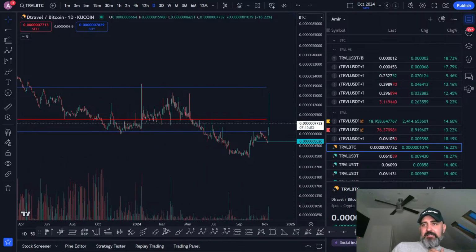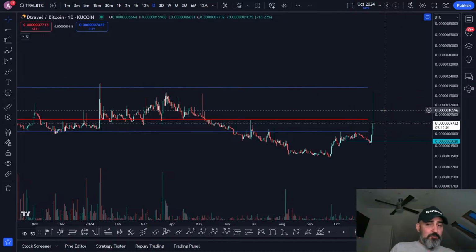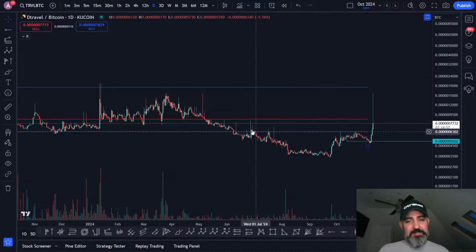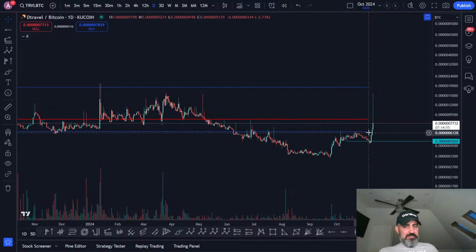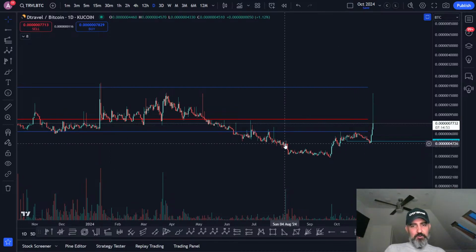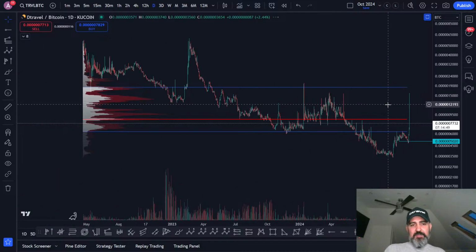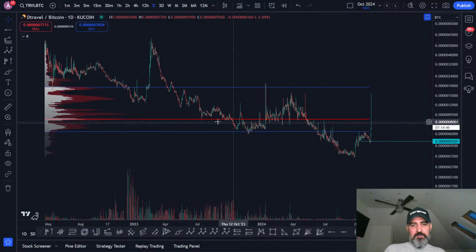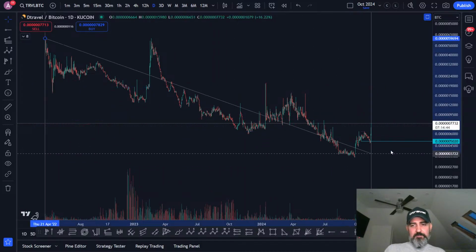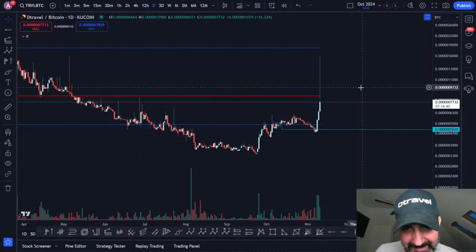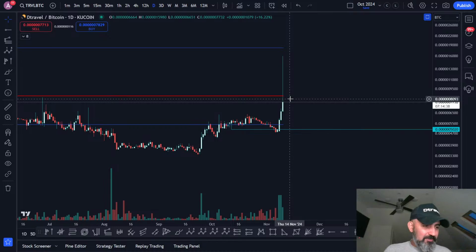But look at that. This is why you should never buy when the price is pumping. You should always buy when the price is dipping, because if that person would have bought when the price was going down, they wouldn't have got such a bad fill. Look at that fill. It's a really bad fill. So why would you do that? Right into the point of control.